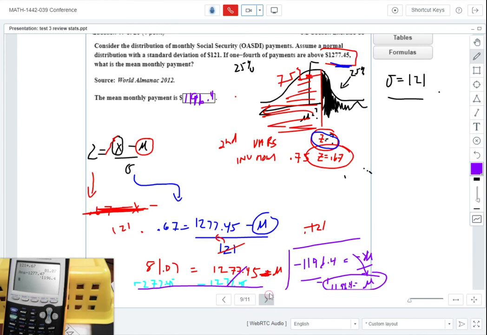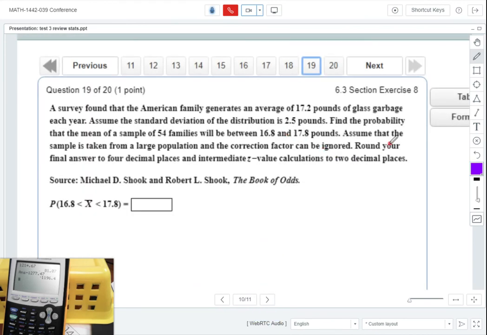All right, and I have one last problem. This is a little different than the previous problem we just did. And you really have to know the difference here. This problem is taking a sample of 54 families.